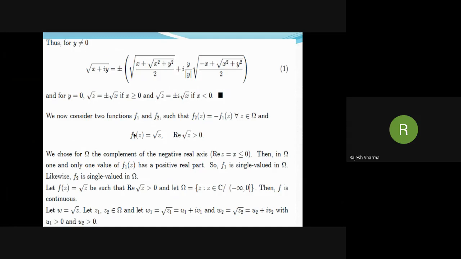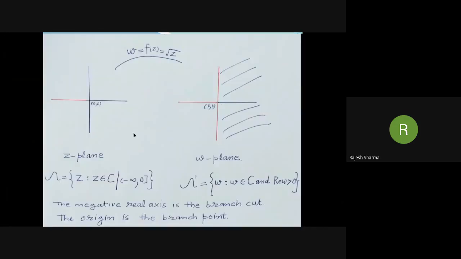So we omit the negative real axis from the region and define omega to be the set of all complex numbers except 0 and negative real numbers. So this domain omega is a region. This is an open connected region. And this region is obtained by omitting the negative real axis from the z plane.